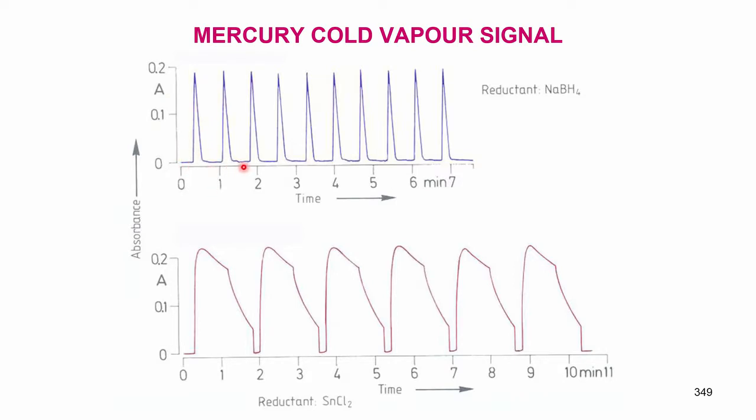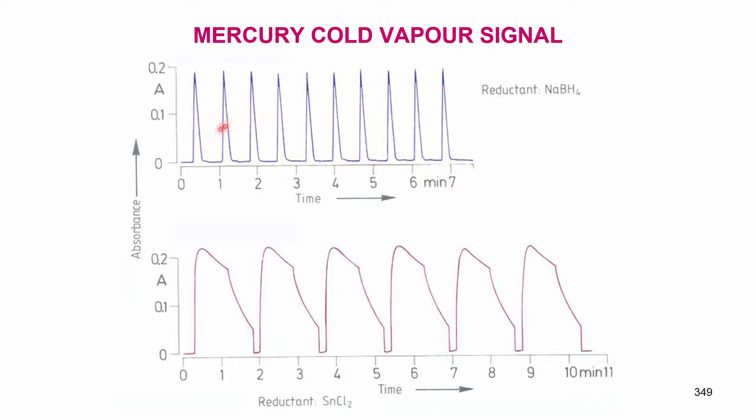Now, the mercury cold vapor signal is like this. Sometimes you have to make an automated signal, and with sodium borohydride you can see the sample analysis here. The reaction is so fast, and every time I inject a sample, the signal is the same. So, this peak is very uniform.